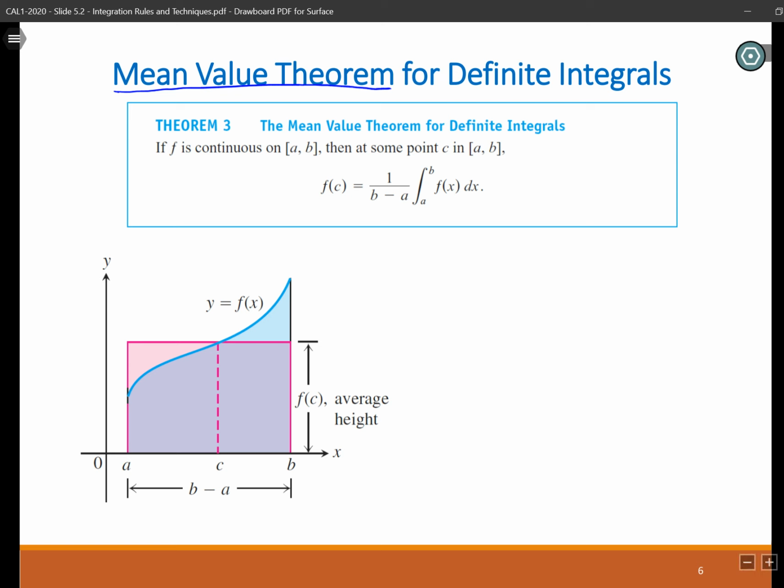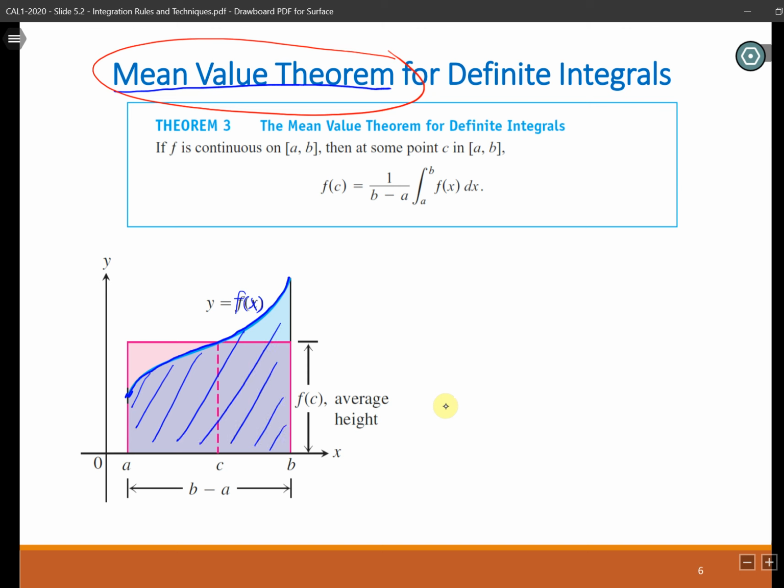So what this theorem says in terms of concept is not much at all. Let's start with this function. We have this function, and this function is f(x). Let's assume we are interested in the area under this function.